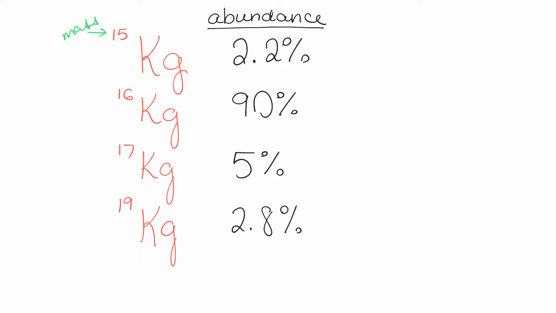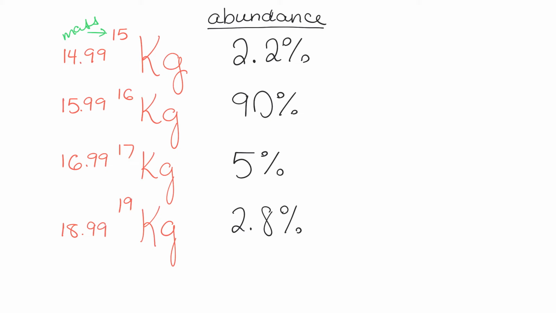Okay, so depending on the question you're given, sometimes the only mass you're given is right here at 15. Sometimes it might give you a more accurate mass, and maybe it's 14.99, and the 16 is actually 15.99, and 17 is actually 16.99, and the 19 is 18.99.